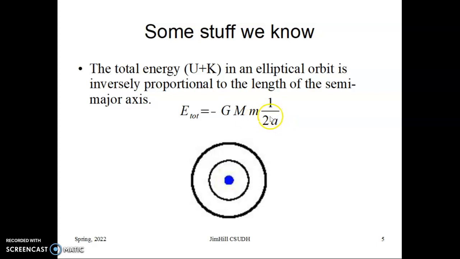Again, a is the semi-major axis, with the mass of the Earth, the mass of the satellite, and big G, Newton's gravitational constant. I note that the formula also works for circles. Circles don't have a semi-major axis, but the semi-major and semi-minor axis are degenerate, and they're both just the radius of the circle. So in that formula, you would replace the a with an r for the radius of the orbit.